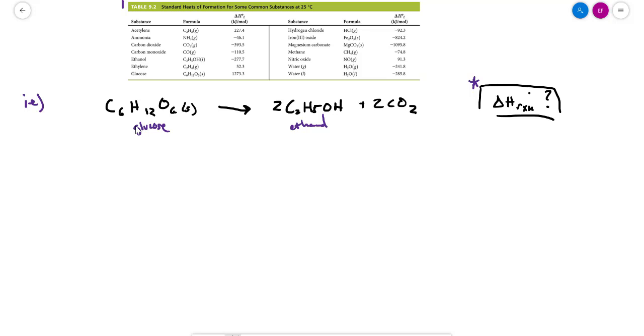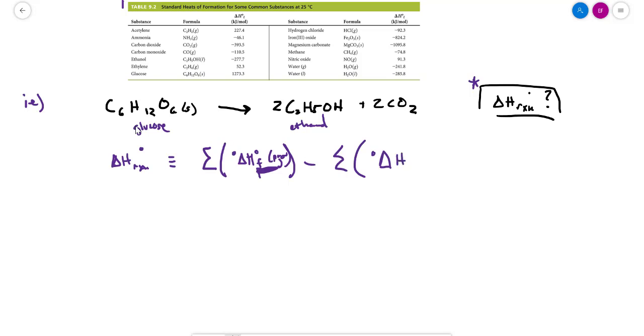What we can do then, if we want to compute the delta H of the reaction, is what we just stated: that was equal to the sum of all of the delta H of formation of the products minus the sum of all the delta H of formation of the reactants.